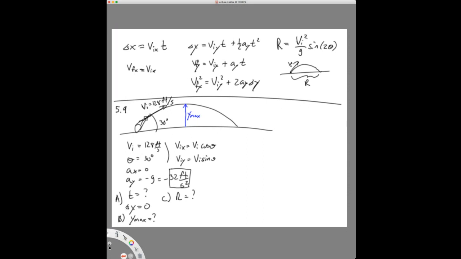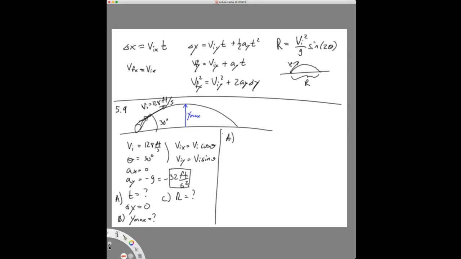I'm just going to leave it at that because we can always plug in numbers later. That's another good thing about not using numbers. If you use numbers, every problem seems totally different because they have different numbers. But if you use symbols, every single time Vix is Vi cosine of theta and Viy is Vi sine of theta. So you can build up a memory more quickly. Okay, so let's go for part A first.